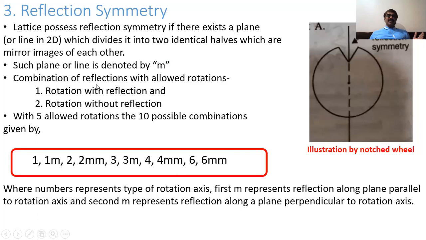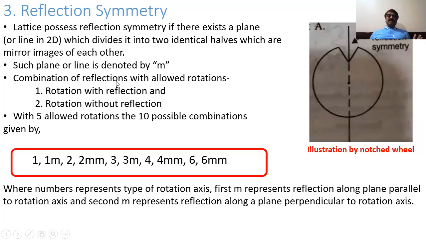Now, without considering simple mirror reflection alone, we have to consider rotation and reflection that appear jointly in crystals.